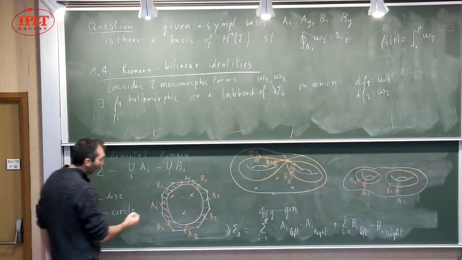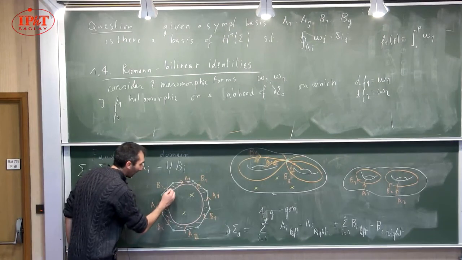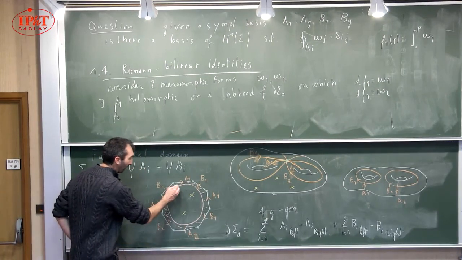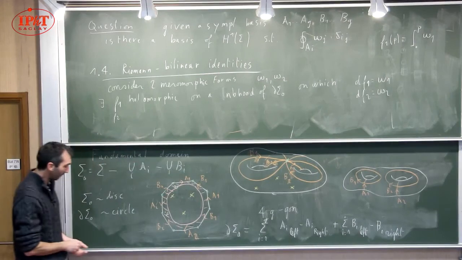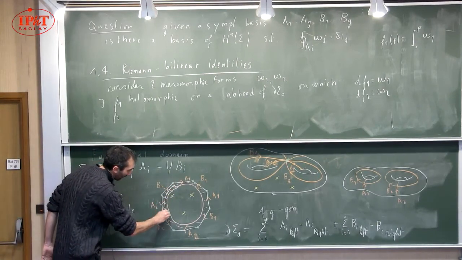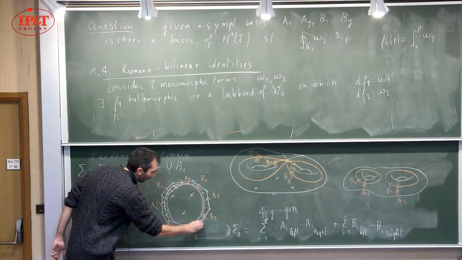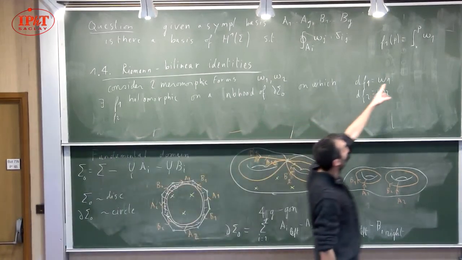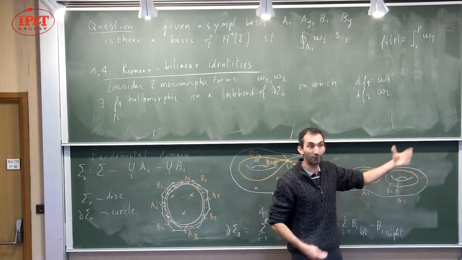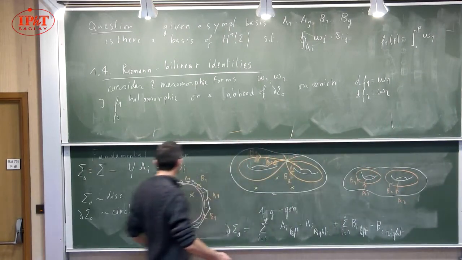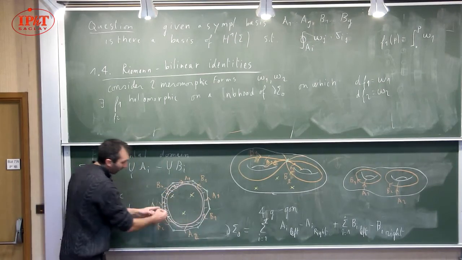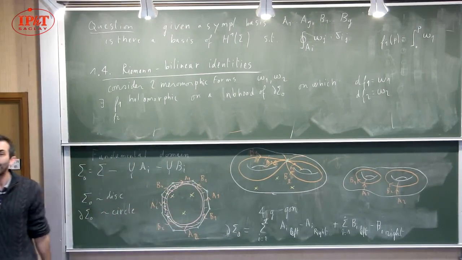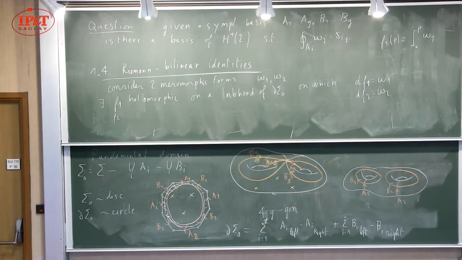So if you want to compute f at a point P, say this is our fixed origin O, there are two paths that go from O to P. You can go this way or that way. So it looks like this is not well defined, because you can have two different paths. But if you take the difference between that path and that path, it is equal to a sum of residues inside. And so it's 0, because the sum of residues of a meromorphic form is 0.